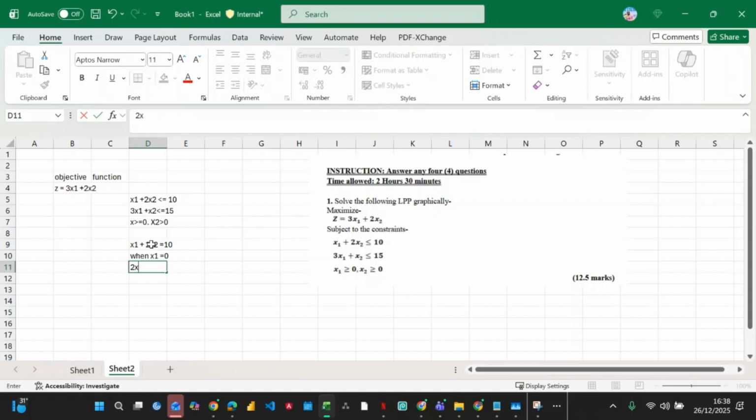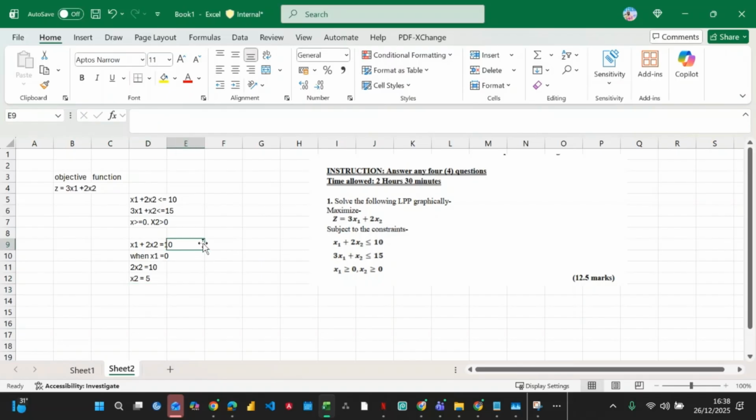We'll just substitute. So 2x2 is now equal to 10. Can you see what we have here? Dividing by 2, x2 is now equal to 5.